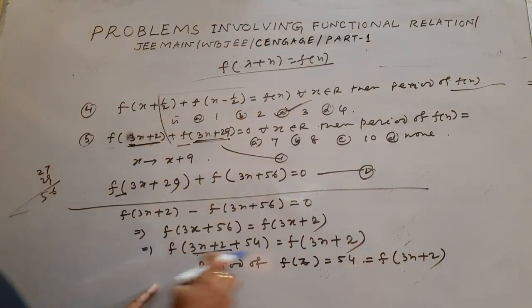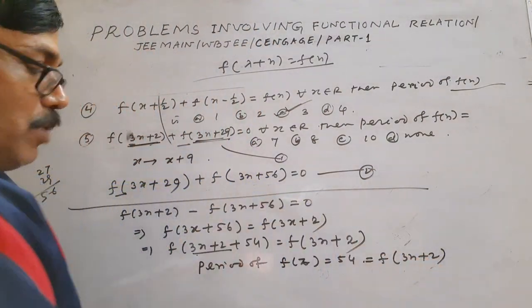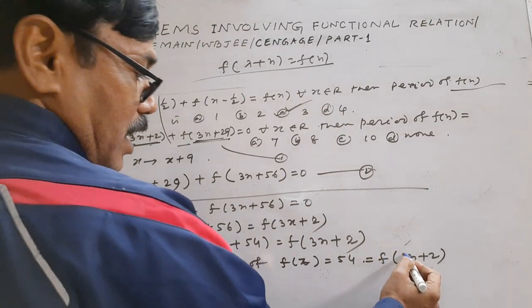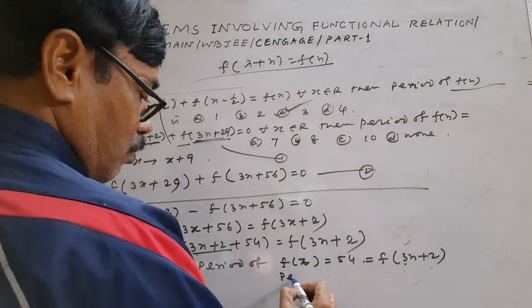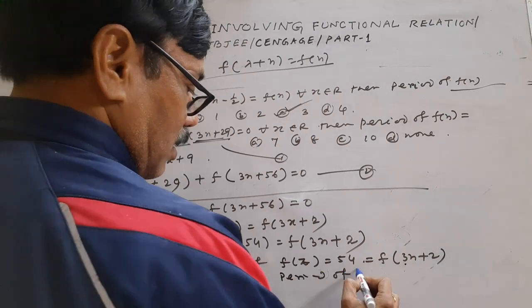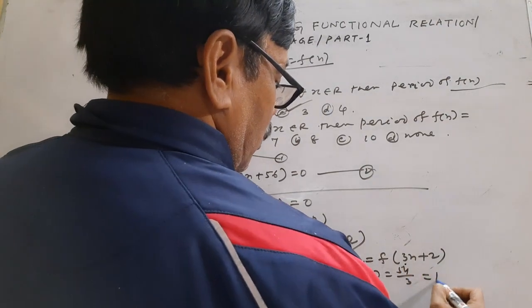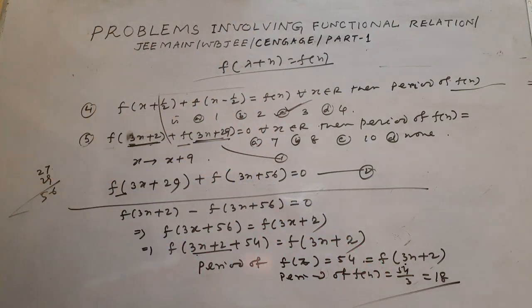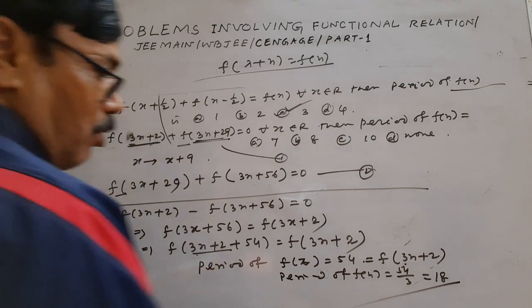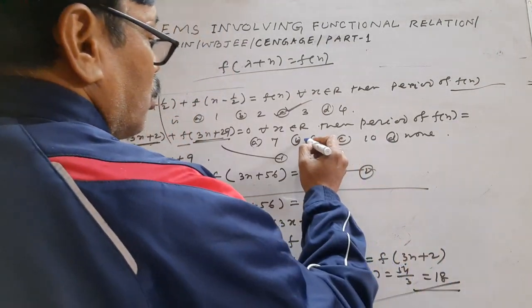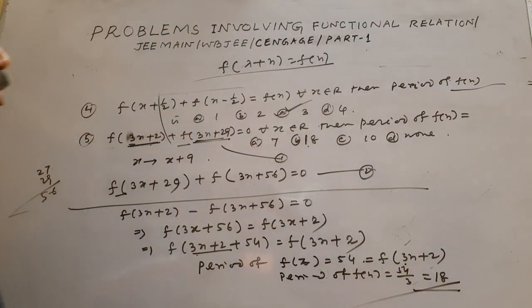So the period of f(3x plus 2) is 54. Here a is 3. So what is the period of f(x)? The period of f(x) is 54 by 3, this is 18. We are getting the period as 18.